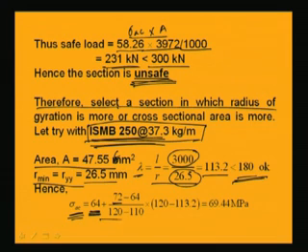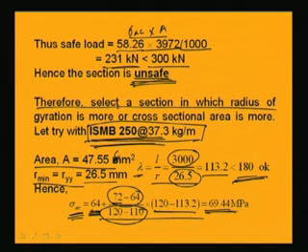So, by linear interpolation, as we have done in earlier case, we are going to get the value of sigma SE as 69.44 MPa. So, value of sigma SE we are getting 64 plus 72 minus 64, this is the difference of the sigma SE value and this is the difference of the lambda value. So, by linear interpolation, we are getting sigma SE value as 69.44 MPa.